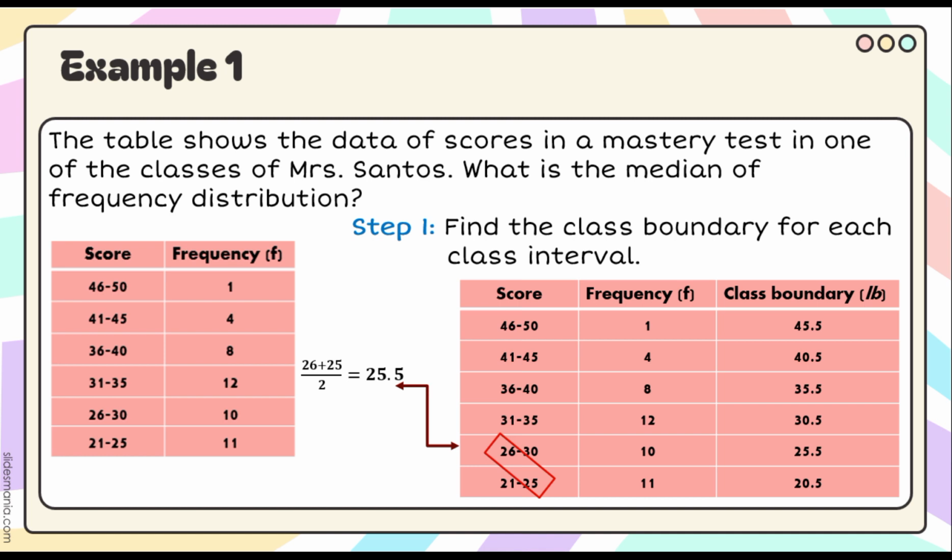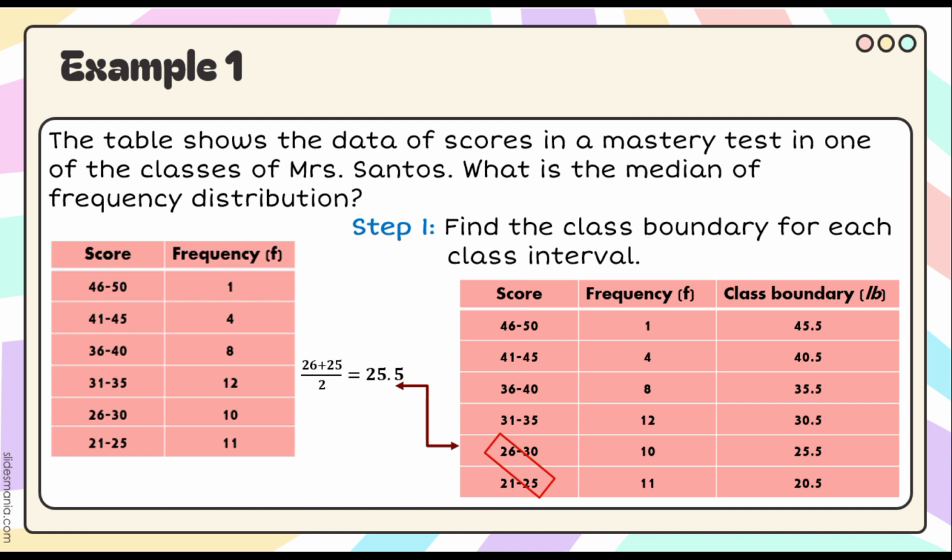Here in scores, 46, 41, 36, 31, 26, 21 are the lower limits, and 50, 45, 40, 35, 30, and 25 are the upper limits.